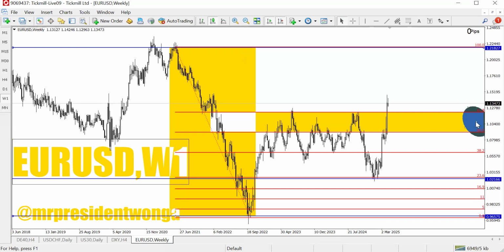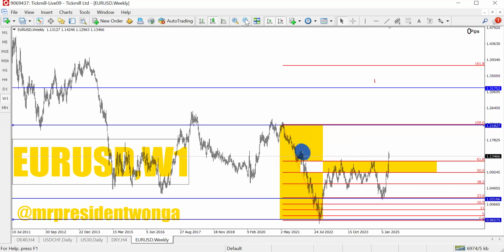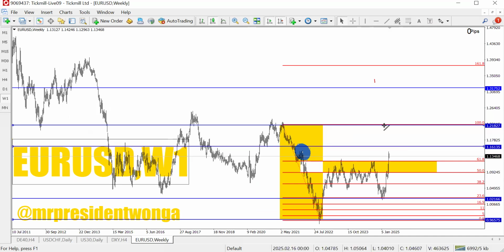So what I'm expecting is that this price will react to those levels. Let's zoom out. Do you see a particular shape? Yes, there's a particular pattern here. So the price is more likely to react and make a drop in that zone. Let's just zoom in.